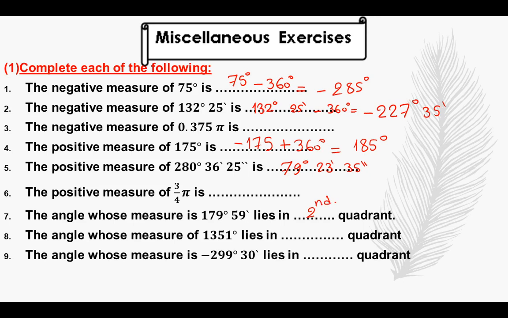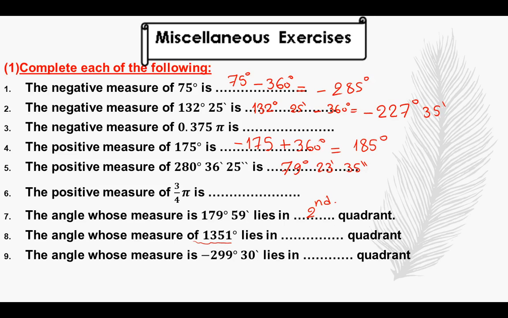The angle whose measure is 1351. Again, we don't have an angle of measure 1351, so we have to put it in the form of an angle from 0 degrees to 360 degrees. So here you have to subtract 360. 1351 minus 360 equals 991.